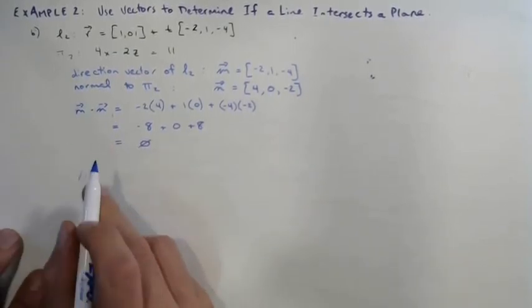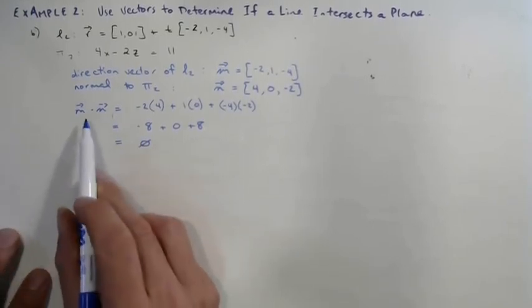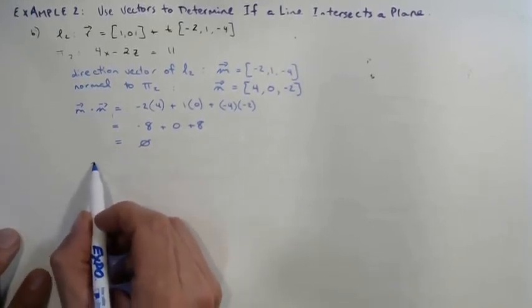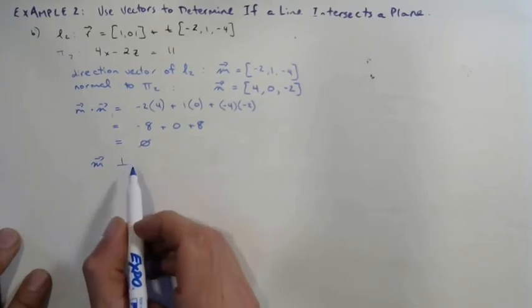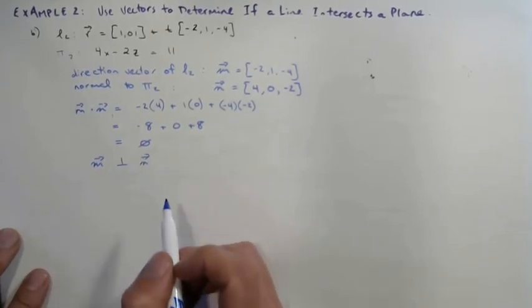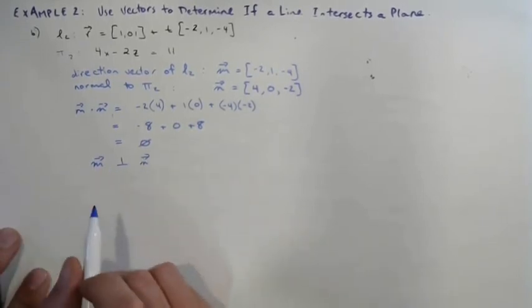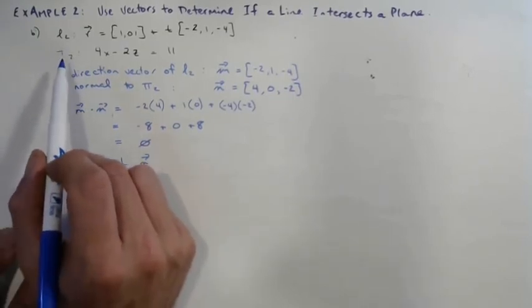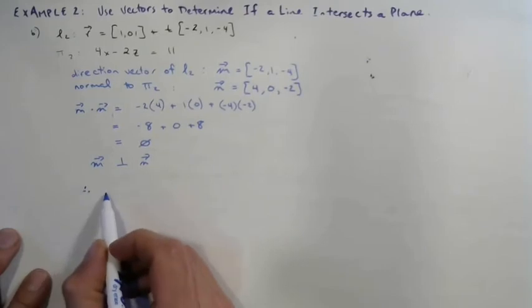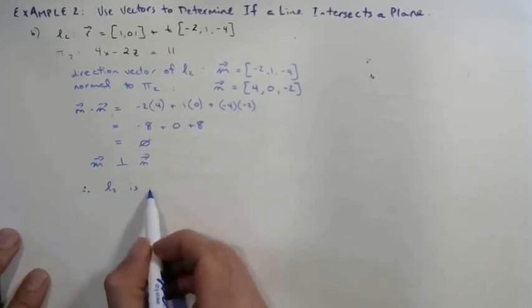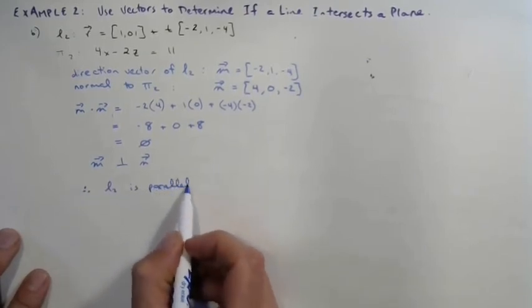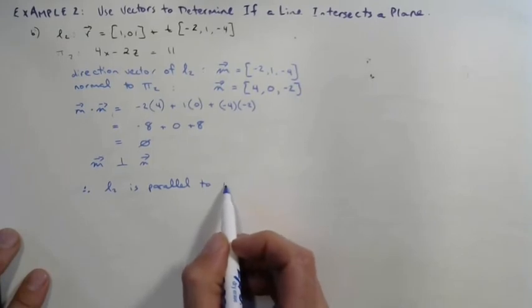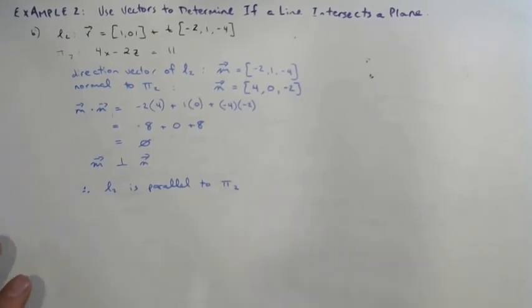So because the dot product is 0, that tells us the vector m is perpendicular to the vector n. And because they are perpendicular, that means that the line is parallel to the plane. Therefore, L2 is parallel to plane 2.